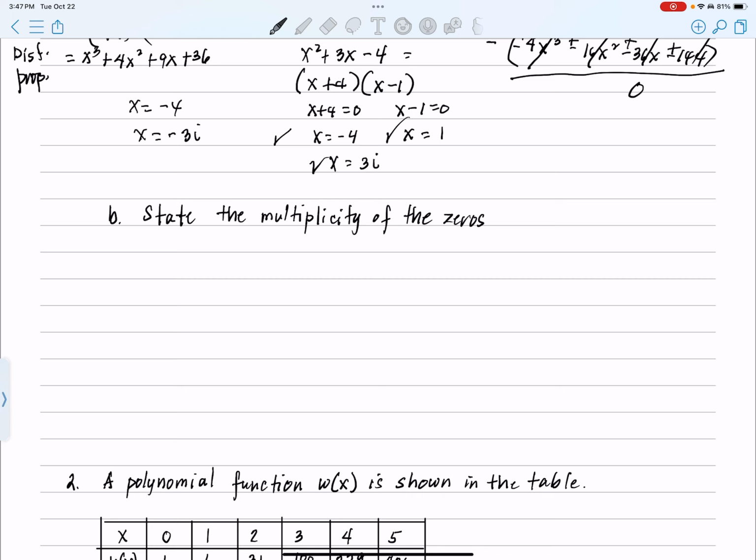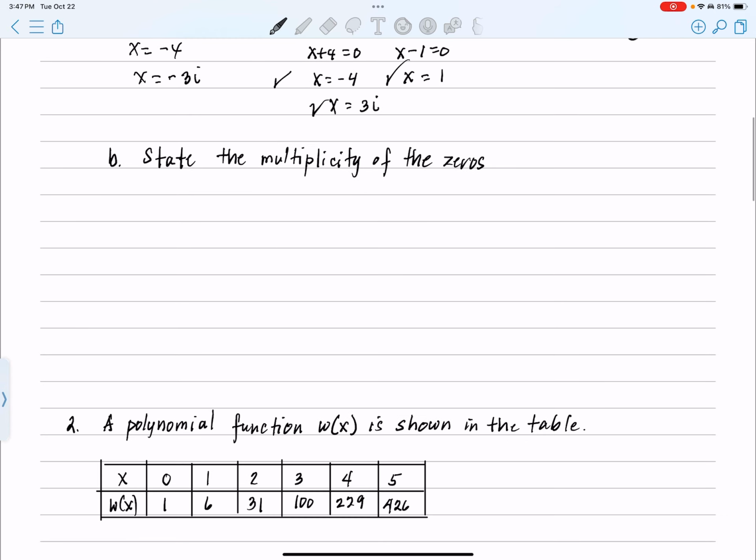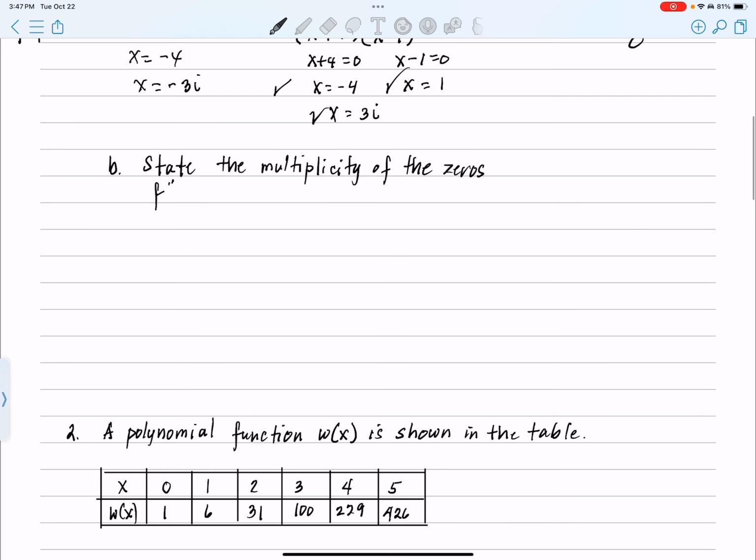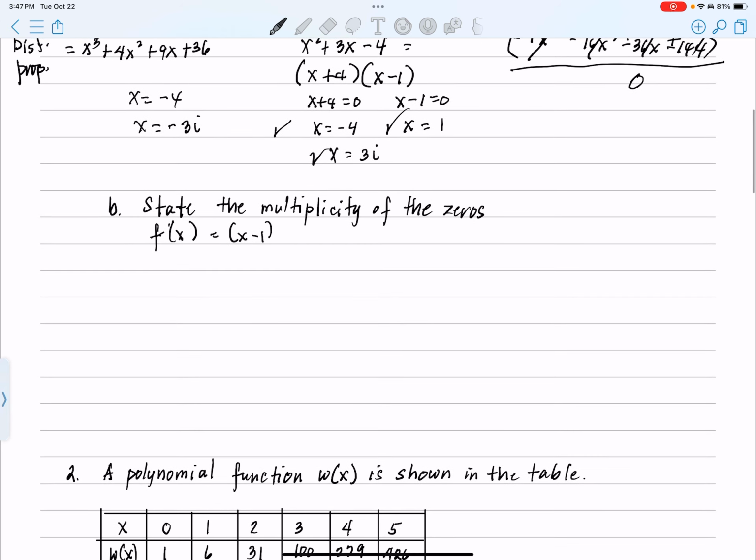If we go back to the factors of the function, we have x minus 1, yes, we have x plus 4, then another x plus 4, then we have x plus 3i and x minus 3i.